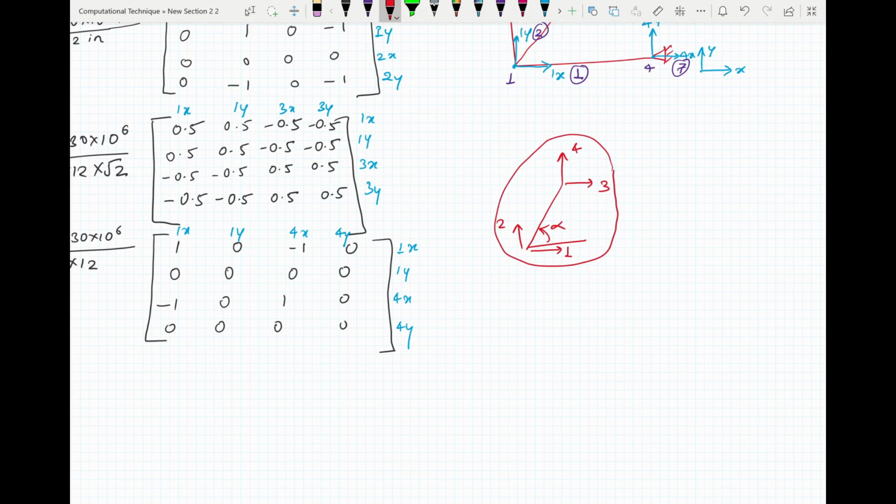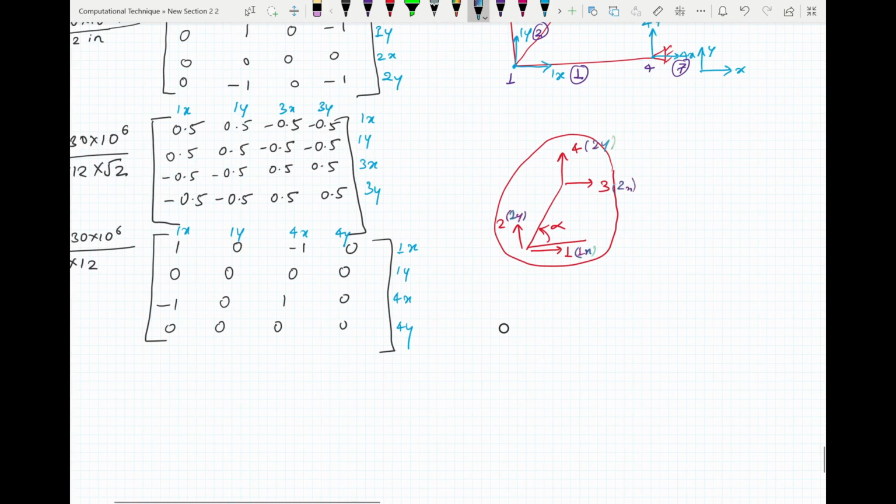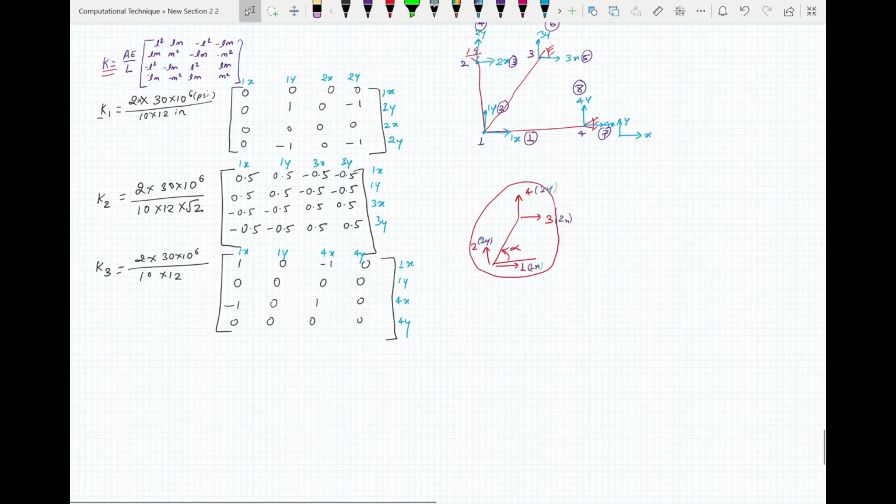So in here it will be 1x, 1y, 2x and 2y. This is the similar configuration. Now we have to add these up to form our global matrix.